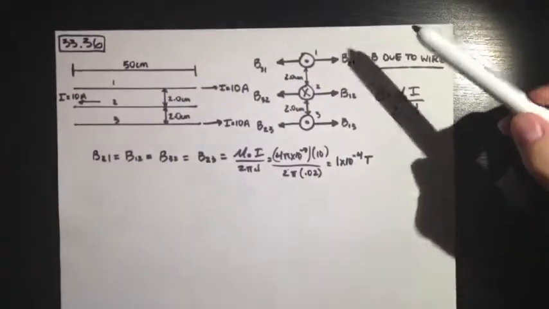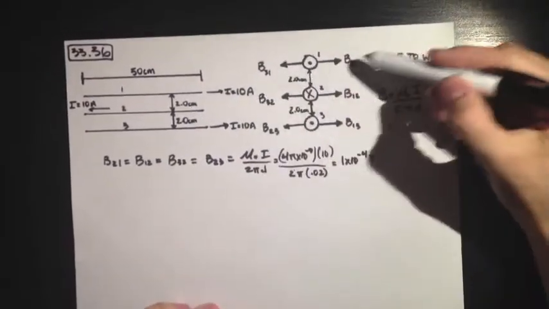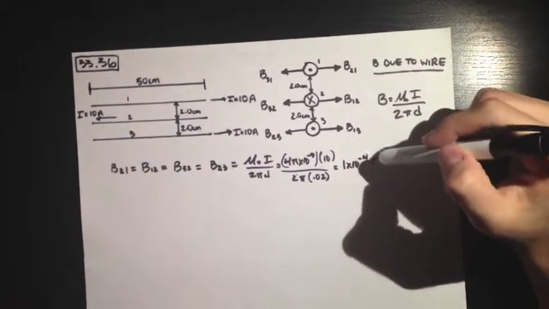So each of these 4 is 1 times 10 to the negative 4th Teslas.